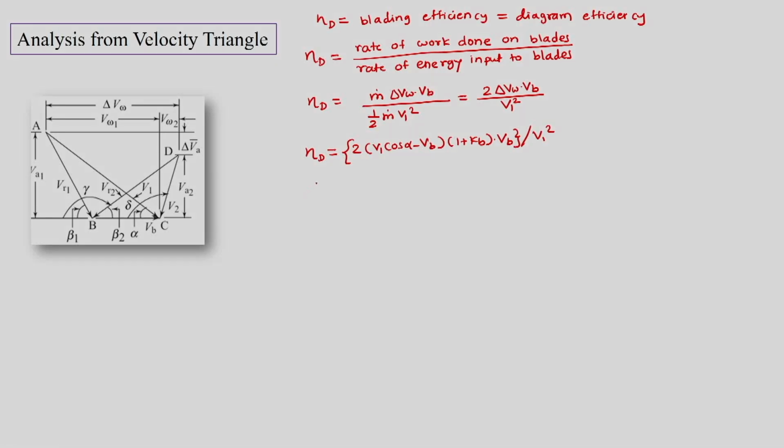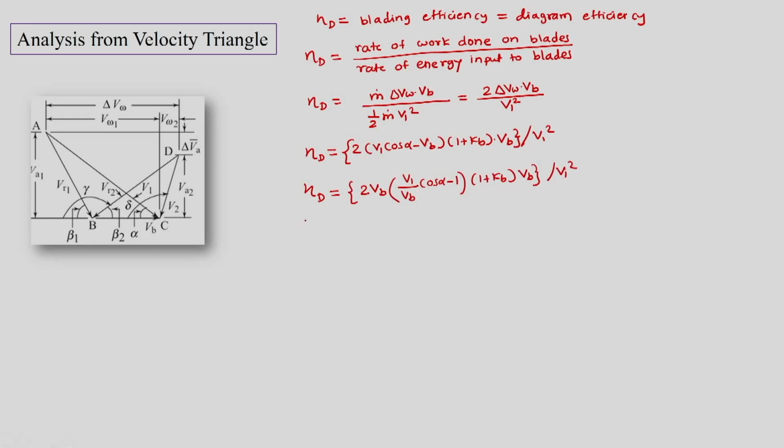If we take VB as common from this bracket, then the diagram efficiency is equal to 2 into VB, and the bracket will become V1 upon VB into cos alpha minus 1, into 1 plus KB, into VB as it is, divided by V1 square.